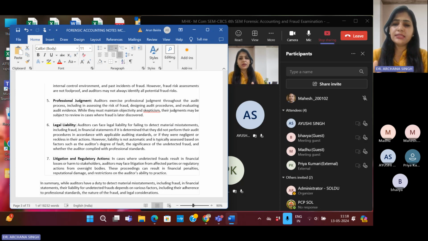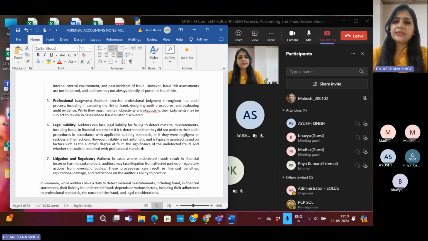If fraud is discovered later, then whatever judgments they have given should be reviewed. So auditors should exercise professional judgment throughout their audit process, while assessing the risk related to fraud, designing audit procedures, or evaluating the audit evidence.